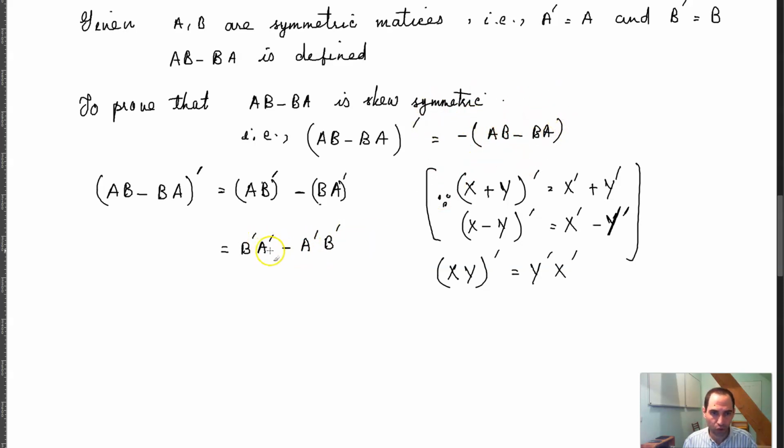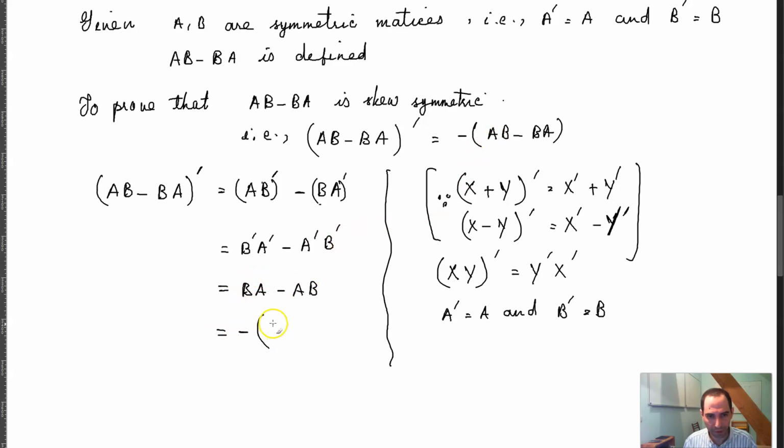So if I write A prime as A and B prime as B, I will get BA minus AB, because A prime is equal to A and B prime is equal to B. These are all reasons. And therefore BA minus AB, and then I can write this as negative of AB minus BA.